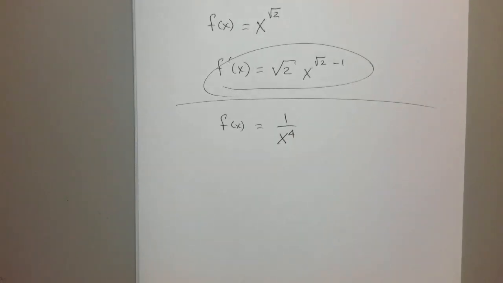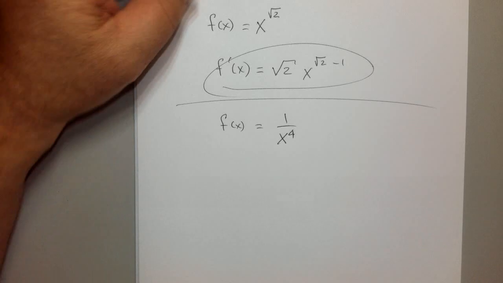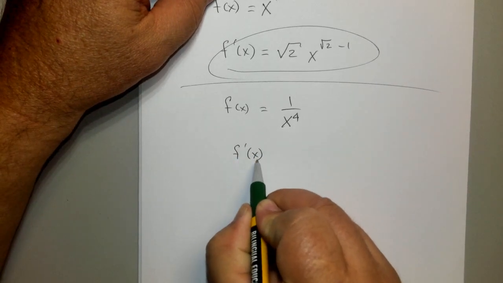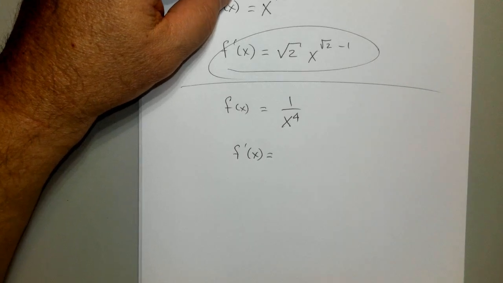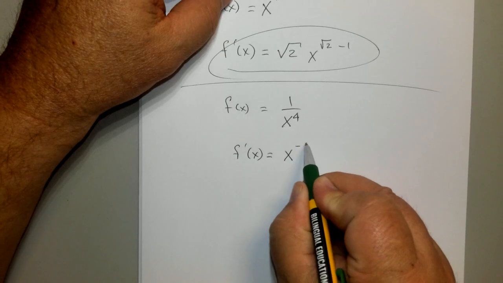One over x to the 4th. First step, change it to x to the negative 4, right, rewrite it as an exponential function.